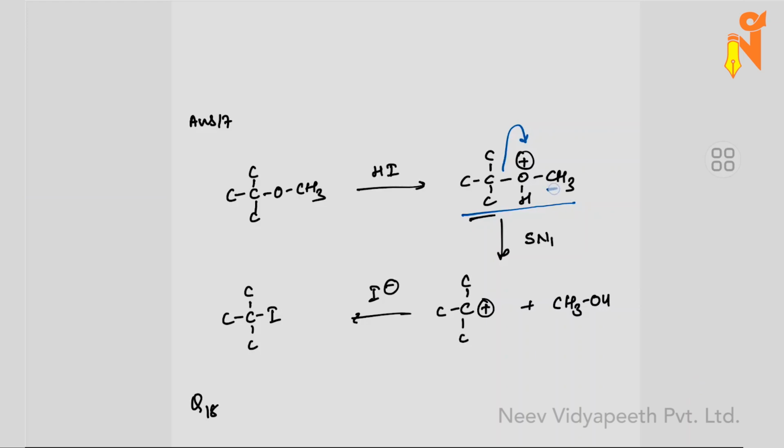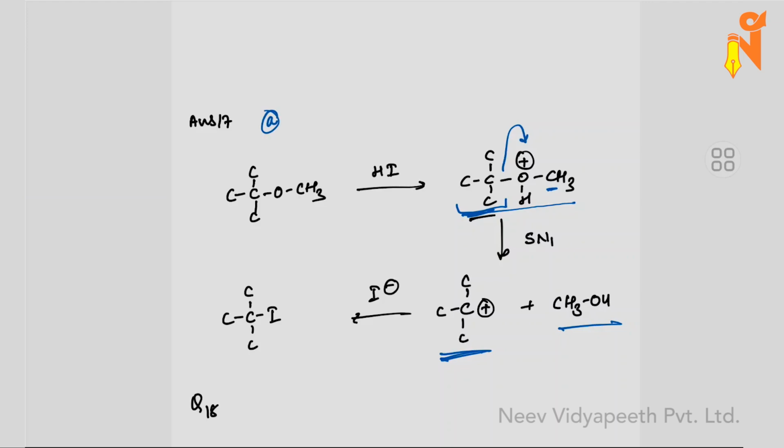This CH3 supports SN2, this supports SN1, but even before any attack happens, this will cleave into a carbocation and CH3OH will be formed. This happens mainly in the case of 3-degree carbon chains. Then I- will attack the carbocation. It will not be through SN2, it will be through SN1 because the carbocation has already been generated. So the answer for 17 is A.